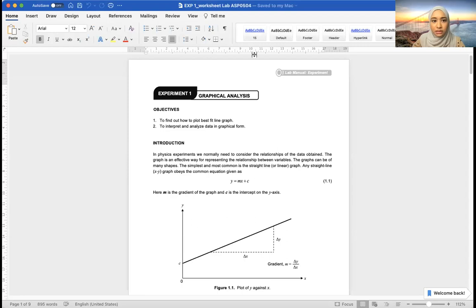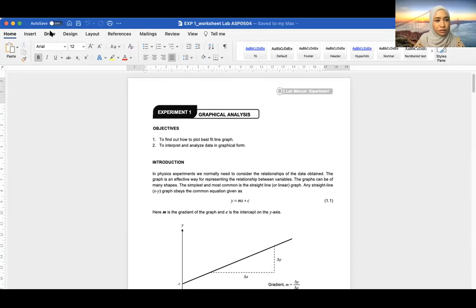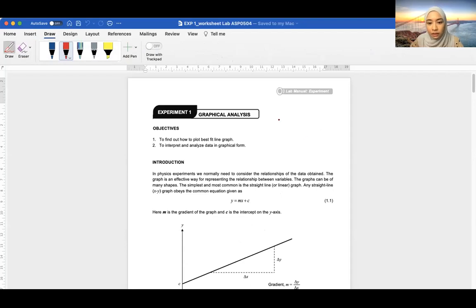Kejap saya nak share screen dulu. Okay, weighing scale lah. Mana saya punya pen? Draw pen. Okay, so my weight 48, tak tahu, saya tak ingat. Okay, plus 48.57 was what I measured on the weighing scale.